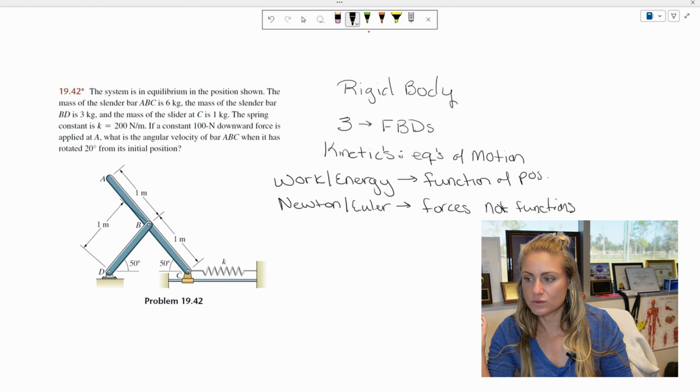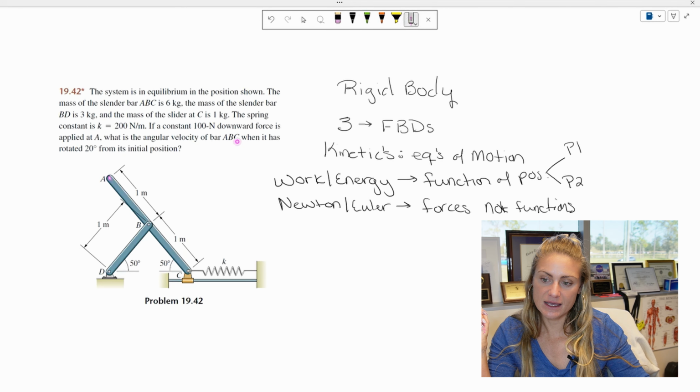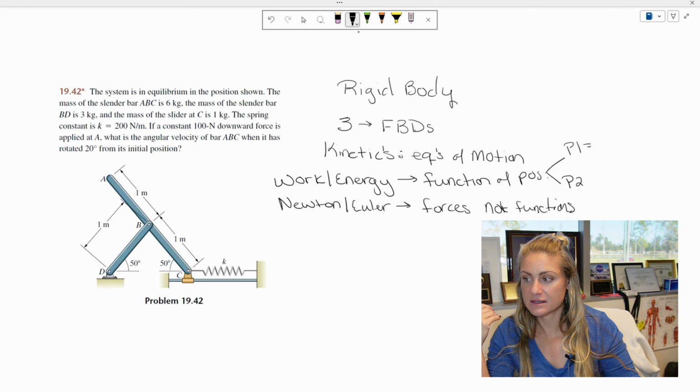Going back to work and energy, it's a function of position. How many positions do we have? Well, we have our first position that we start out with. If it says that this is in equilibrium, meaning that it's not moving at all, its first position will be at 50 degrees. So I can say that P1 is theta equals 50.